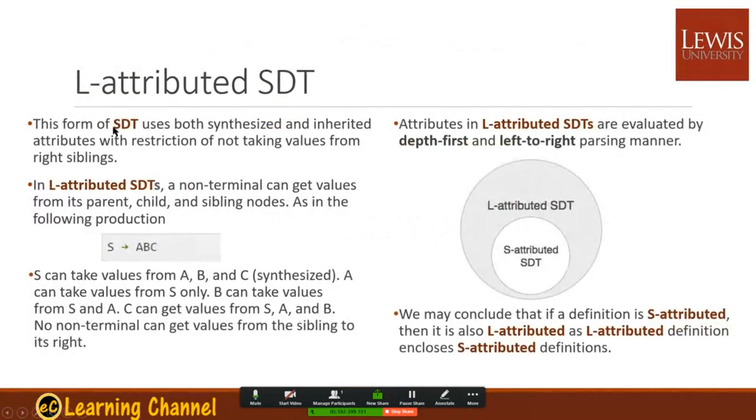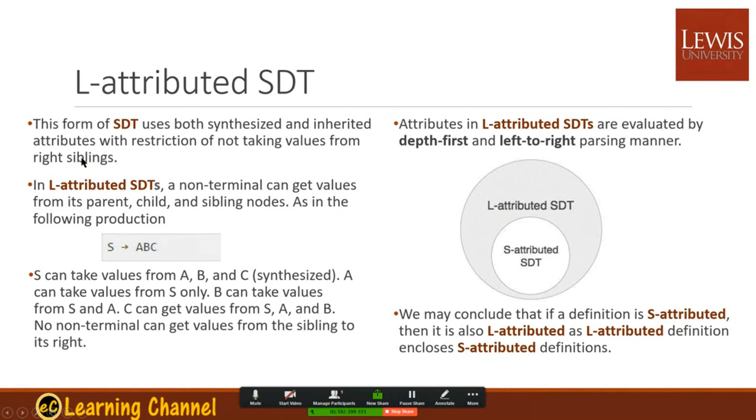L attributed SDT. L actually is the left-hand side, and this one's called the inherited attribute. So S attributed SDT is for synthesized, and L means inherited. This form of SDT uses both synthesized and inherited attributes, with the restriction of not taking value from the right sibling.